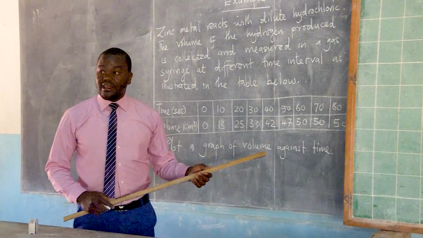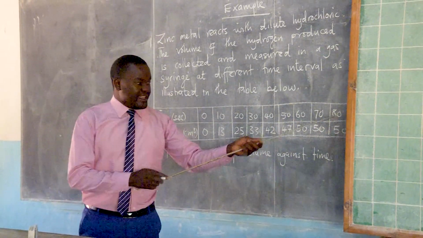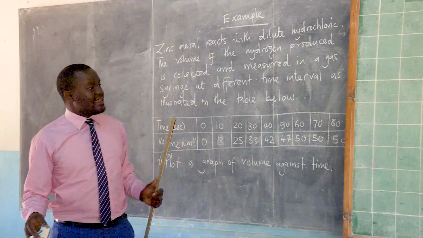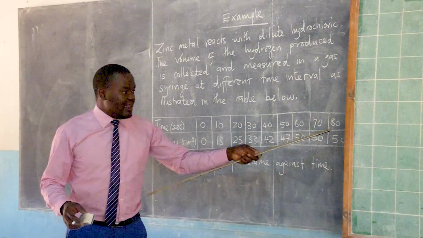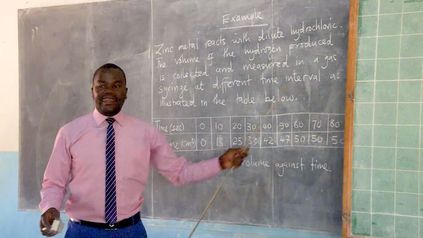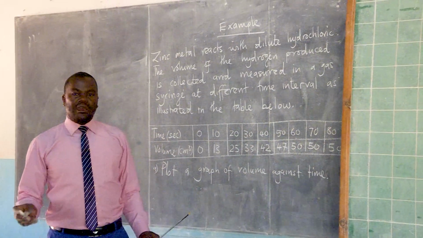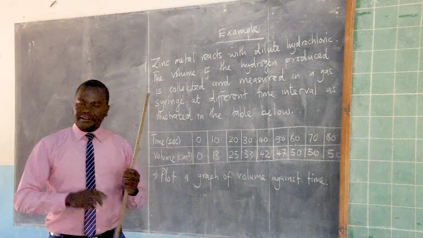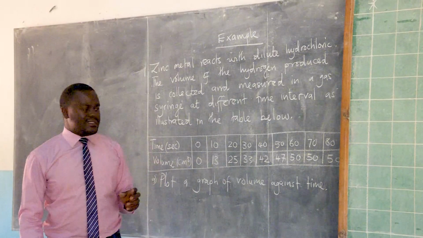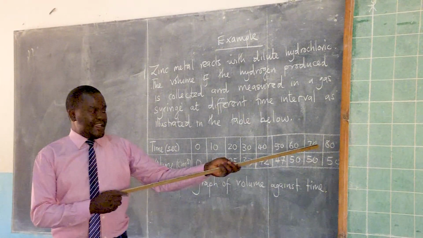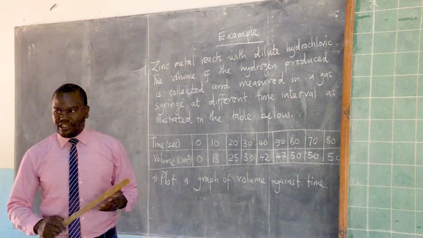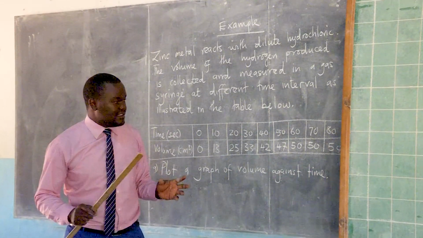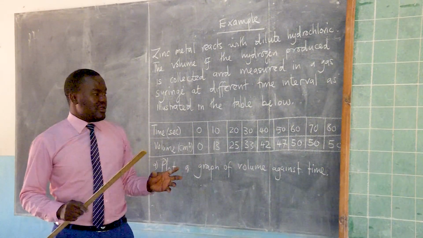Yes, George? 80. Yes. So the biggest number that we have along the x-axis is 80. So now, when coming up with the scale, along the x-axis, since we've been given 80, it will not be a difficult task to do.